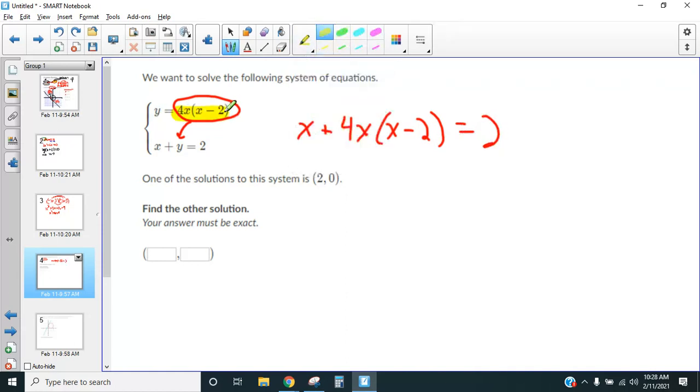I'm just highlighting the stuff that was plugged in, just substituted right there. All right, now I'm going to distribute. Just like that.